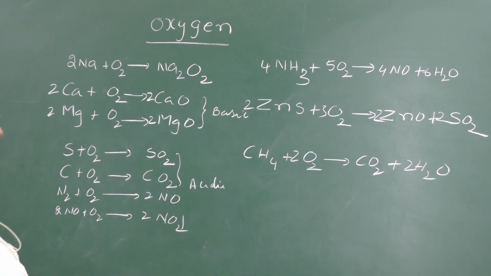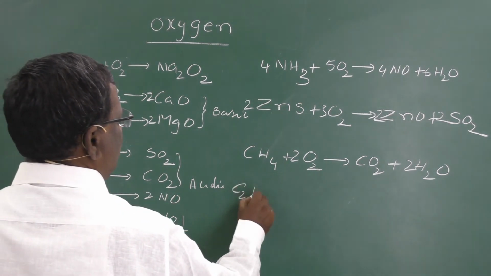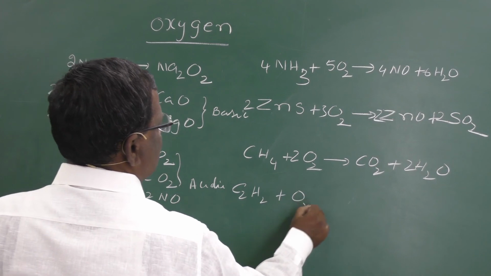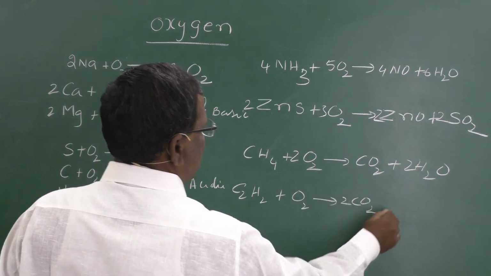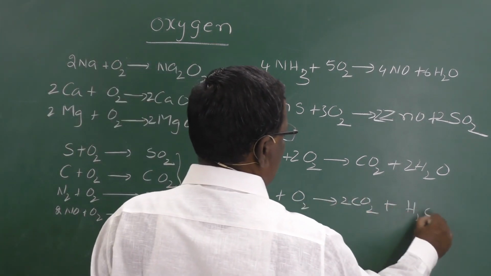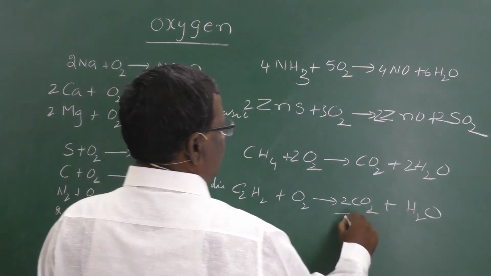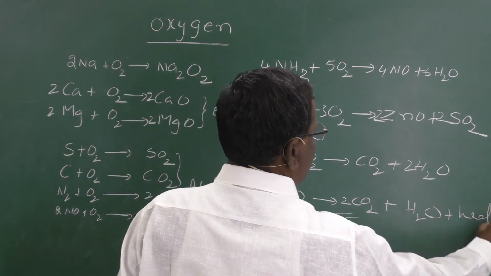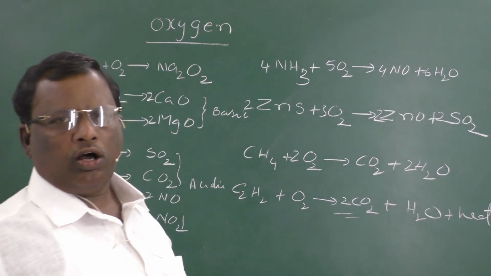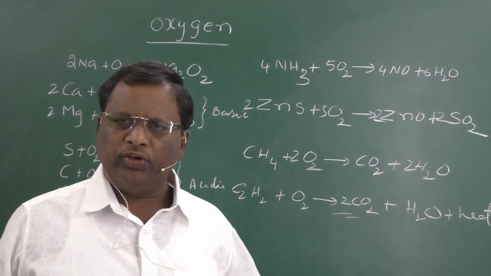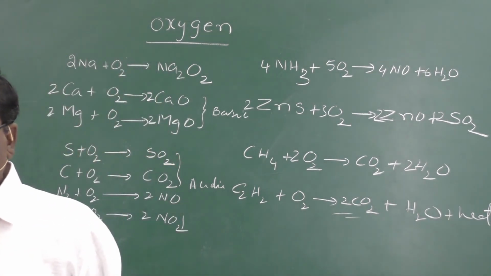Acetylene, C2H2, when burned in the presence of oxygen, gives us 2CO2 plus H2O. Here it gives a large quantity of heat. This flame is said to be the oxyacetylene flame, which we use for welding purposes.